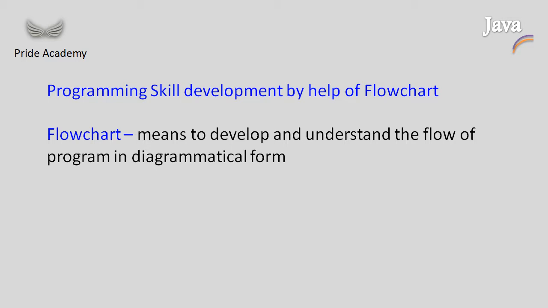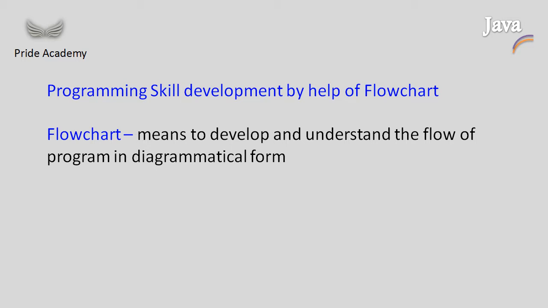And by applying this approach, our programming skills also develop. We are able to understand the things more clearly, and then we are going to adapt this approach in the program, that is, we are going to make it inside Java. So first we will understand the programming flowchart, and when we understand the concept, we are going to implement it in Java.